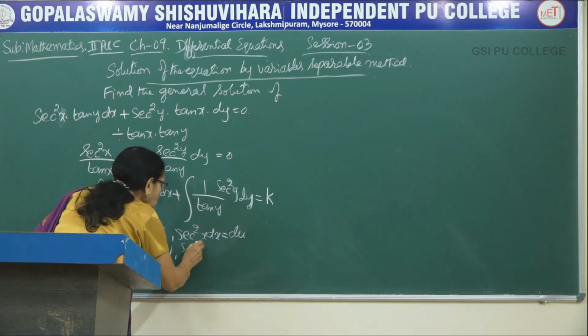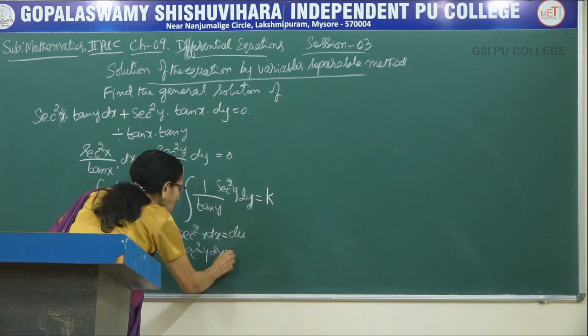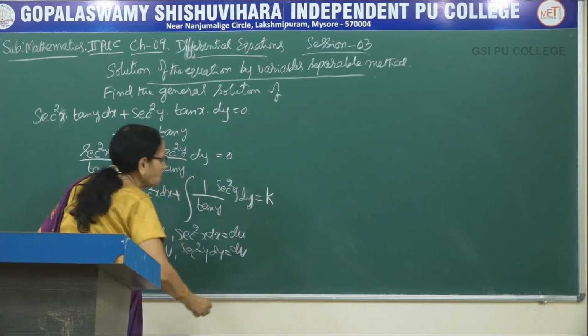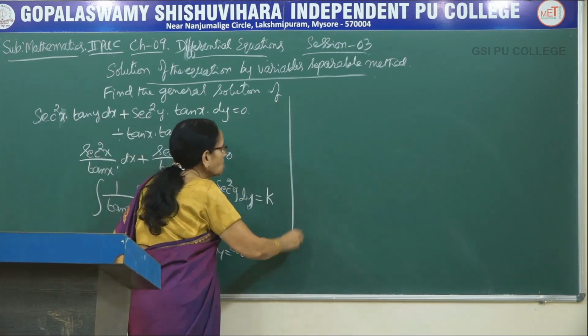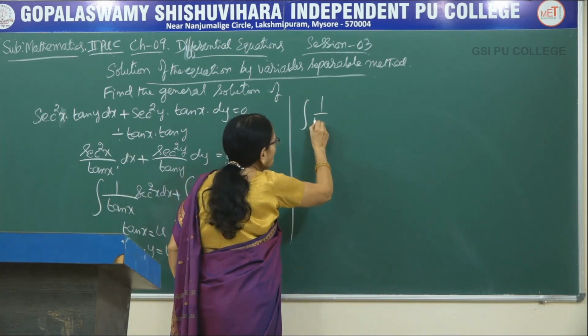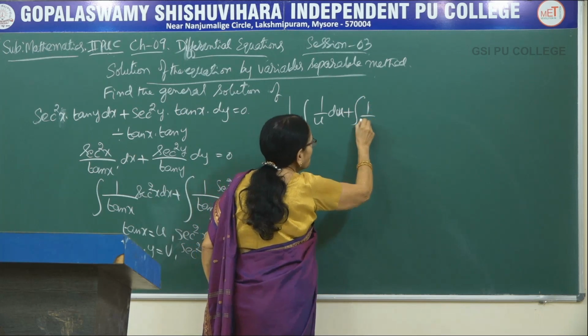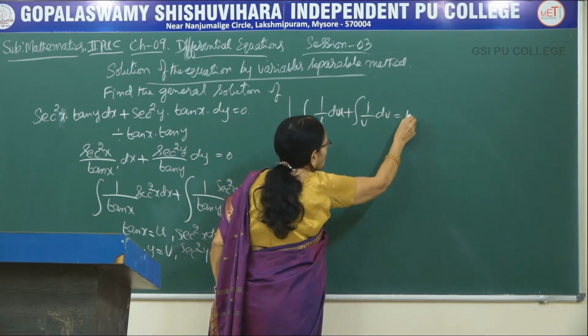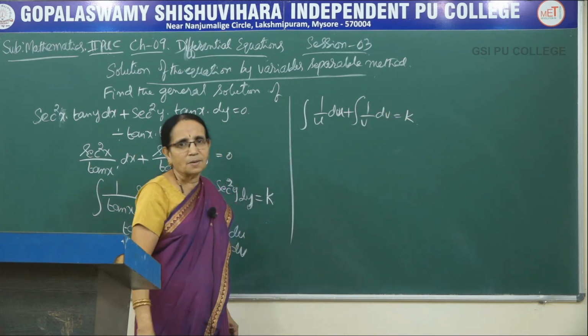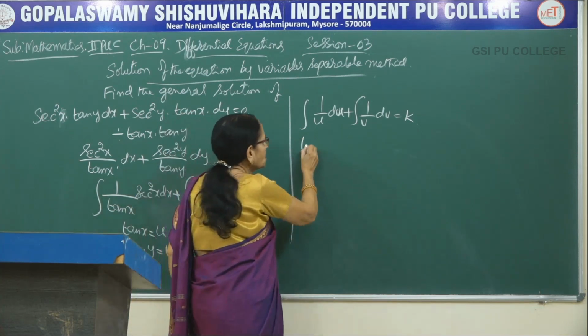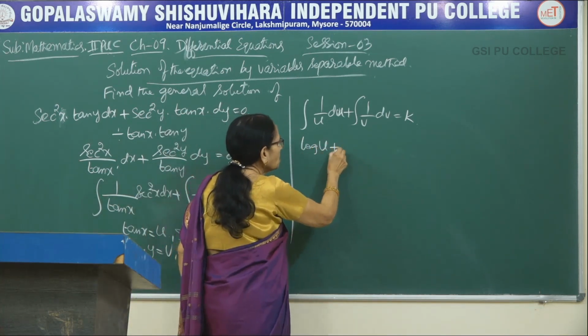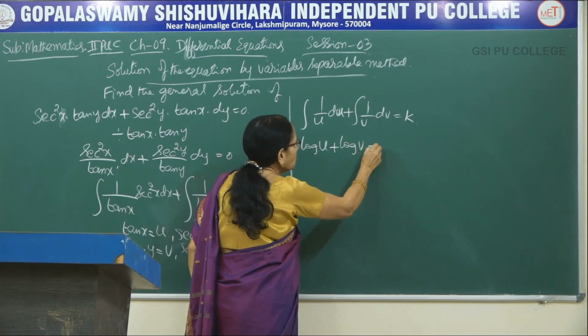It becomes secant square y dy equal to dv. Now the integral could be written as 1 divided by u into du plus 1 divided by v into dv, that is equal to some constant. Now what are the integrals here? It is log of u plus log of v.